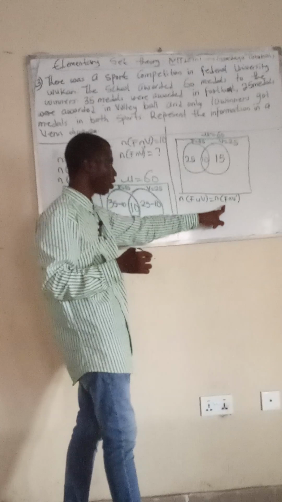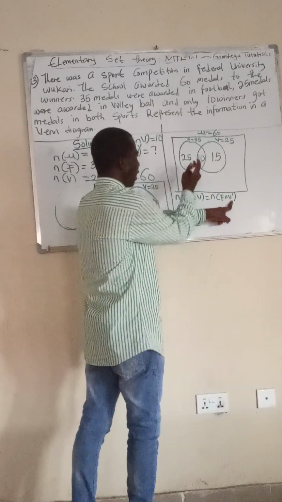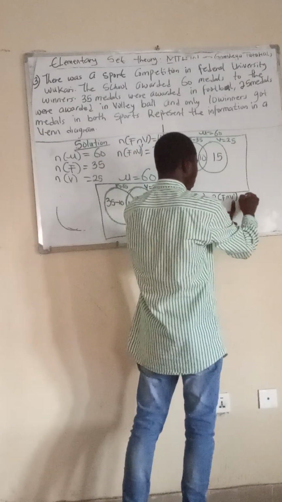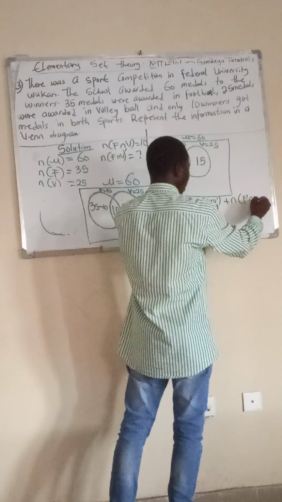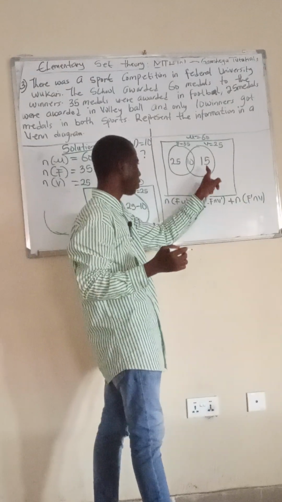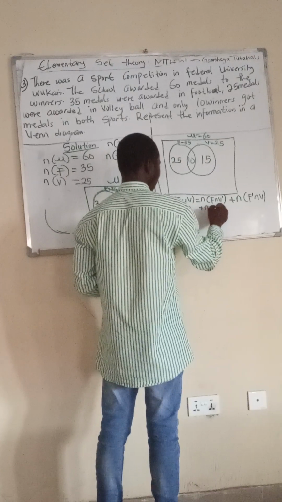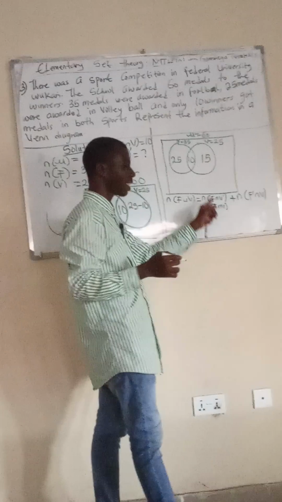This one simply means only F and not V. Look at only F and not V. That is, I have only F excluding V, plus N of F complement intersection V, which means only V and not F, which is 15. Then I'm having plus N of F intersection V. That is what is intersecting the whole of them.